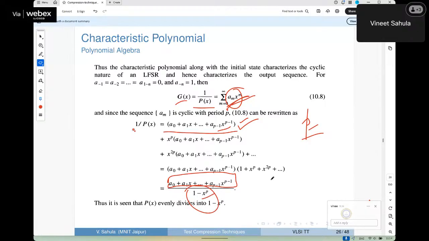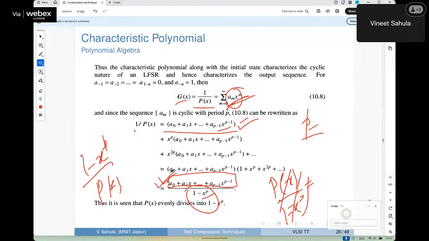So this Px can be divided by 1 minus xP. I'm sorry, reverse way. 1 minus xP divided by Px will give me this polynomial. This has a period. So this is doable.